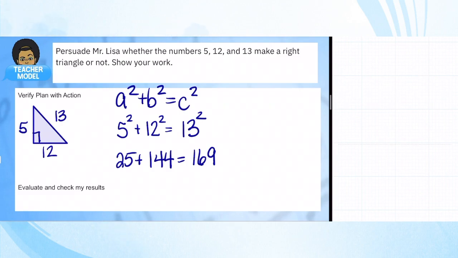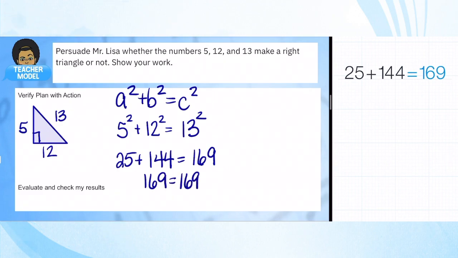Now I have to do my last step. Let's start simplifying the expression on the left. 25 plus 144 is 169. So 169 is equal to 169. So this is a true statement.